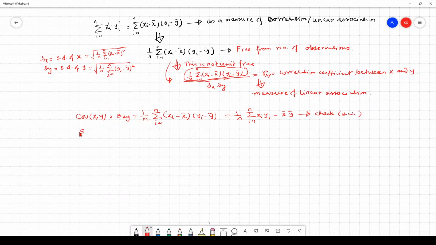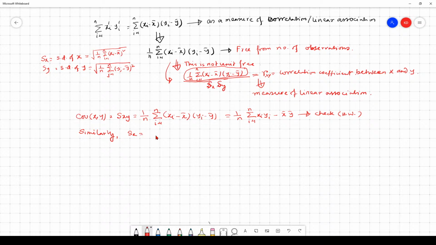Similarly, we can write sx. I think it is better to write capital X. Please change this notation from small x to capital X. Okay, thank you.